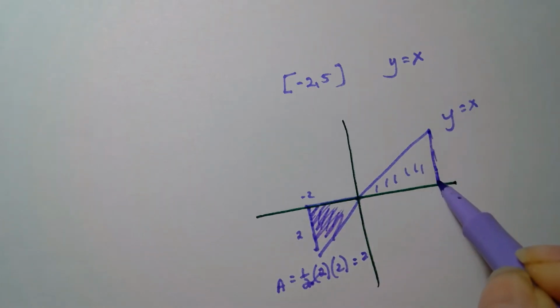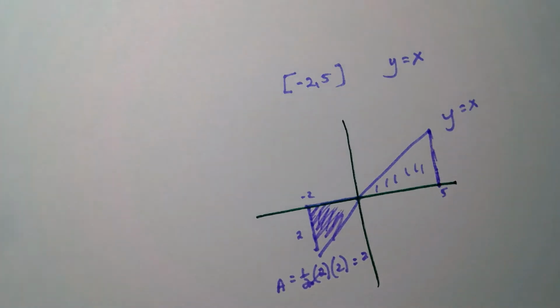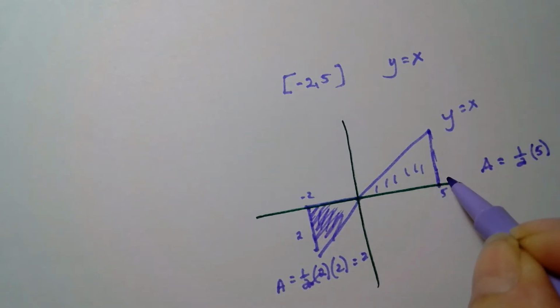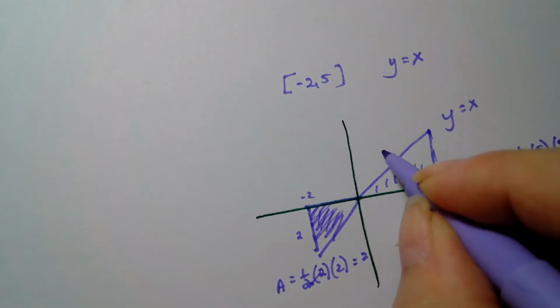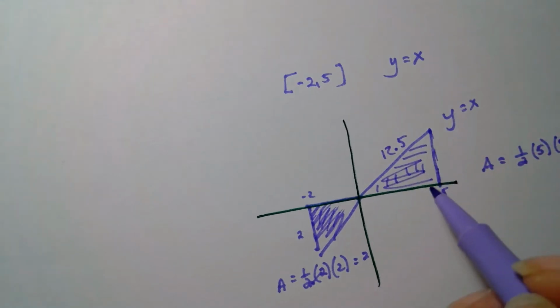Now if I compute this triangle up here, the area is 1/2 the base, which is 5 now, times the height. When x is 5, if I plug in a 5, y is 5. So half of 25 is 12.5. So the area up here is 12.5. This area is bigger.